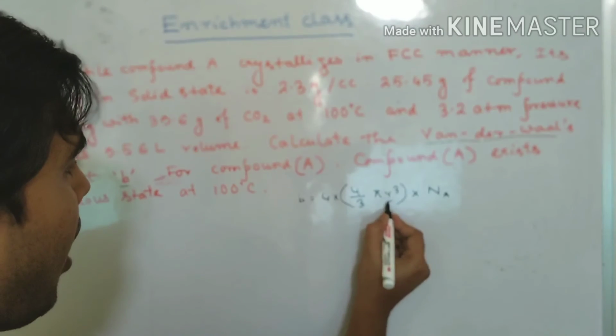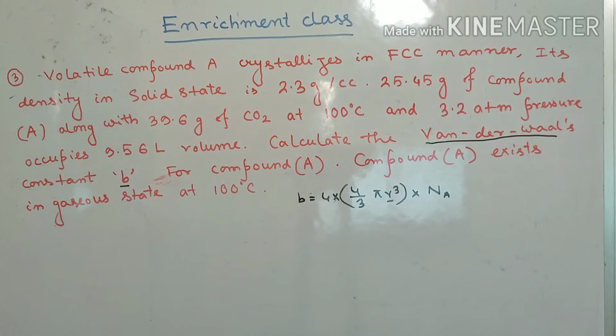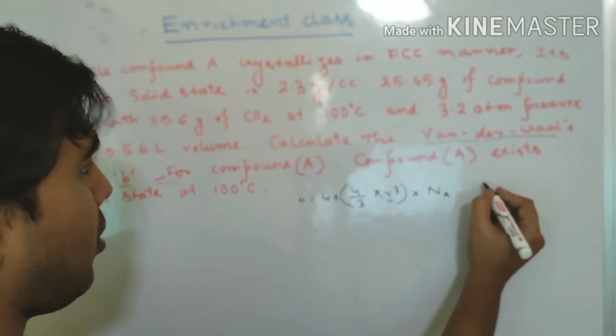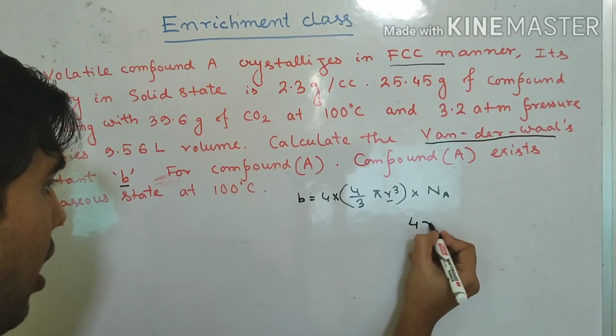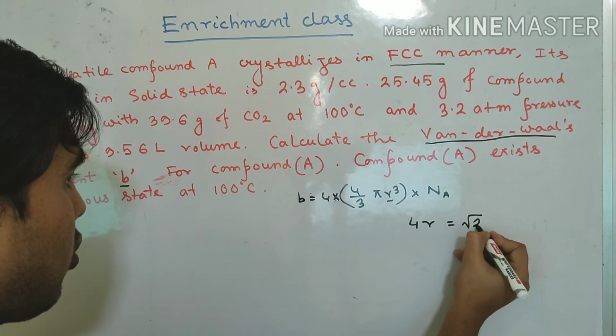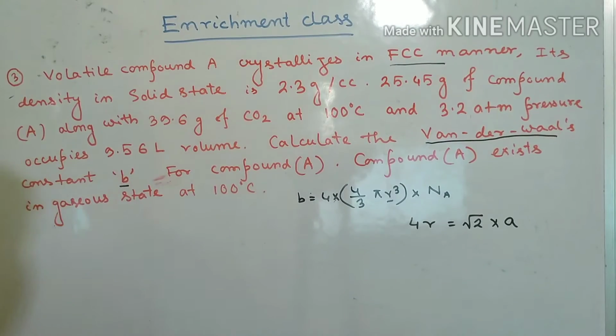We do not have R. We have to get R because N value we already know. Now how can we get R? To get R, the formula for FCC should be 4R is equal to root 2 into A, right?